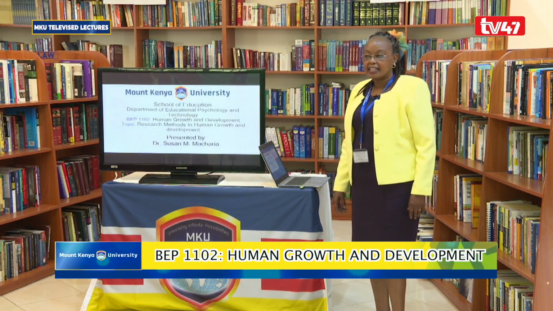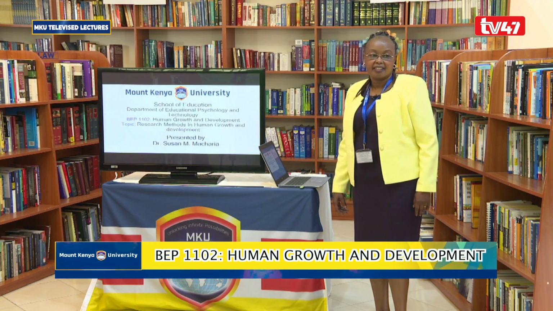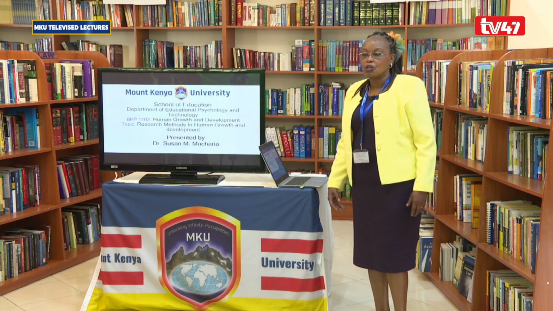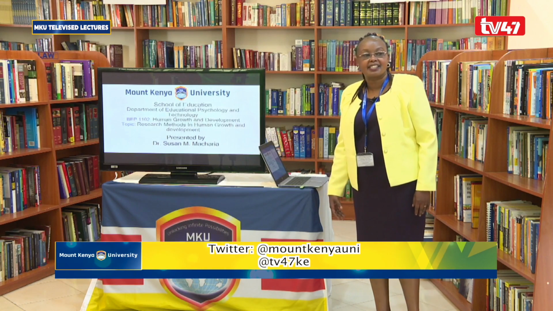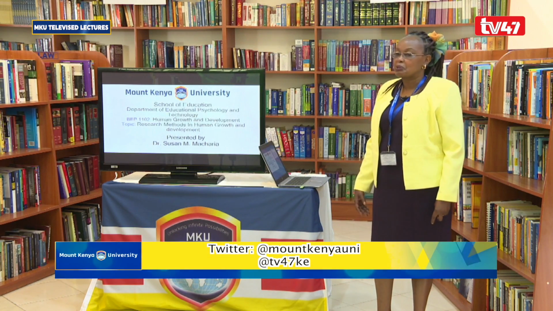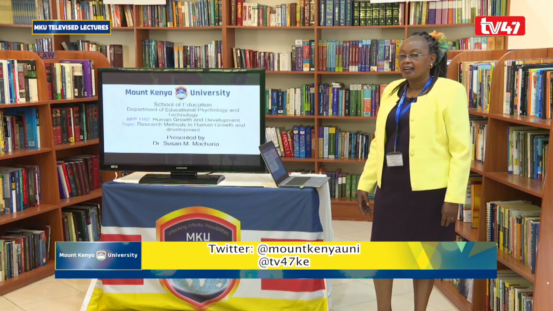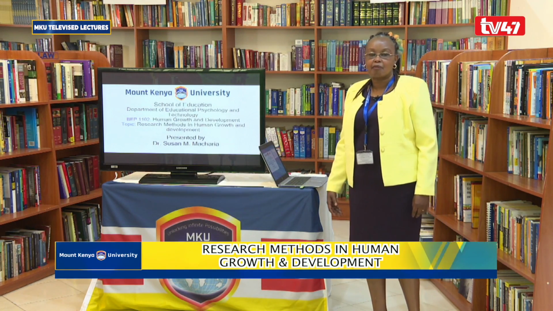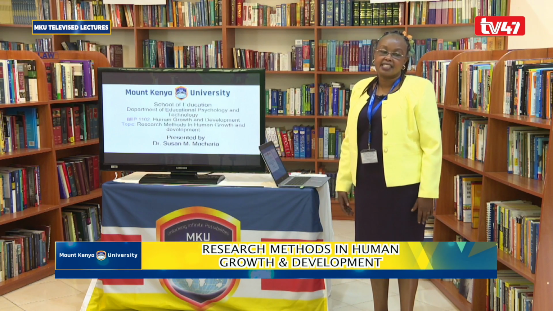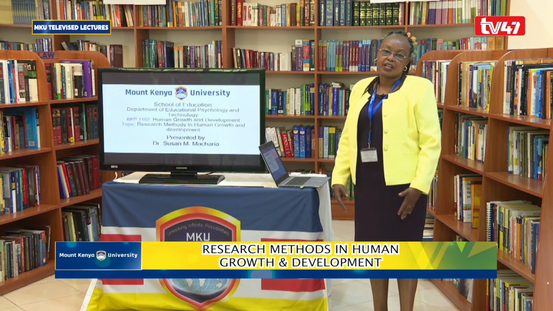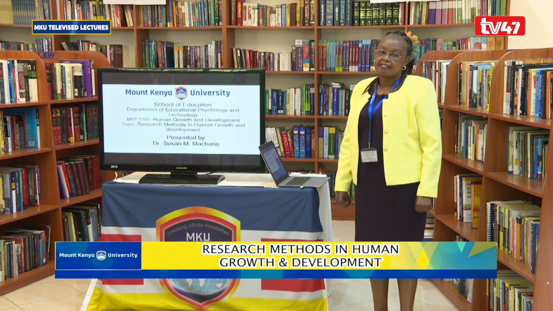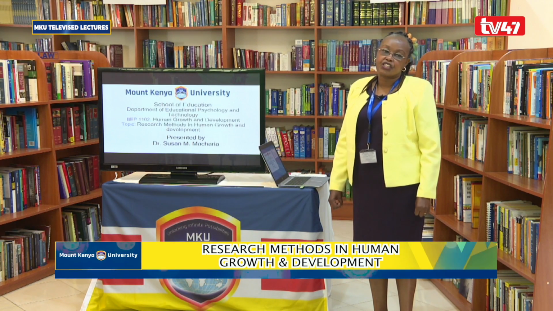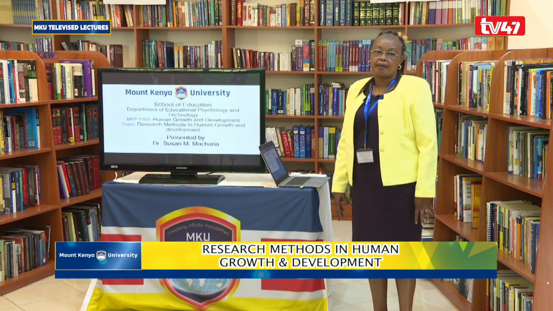You remember that I gave an introduction to show you what we are supposed to cover in the unit. We were also able to define some of the key terms that we used in the unit. Something like growth, development, maturation, and so on.